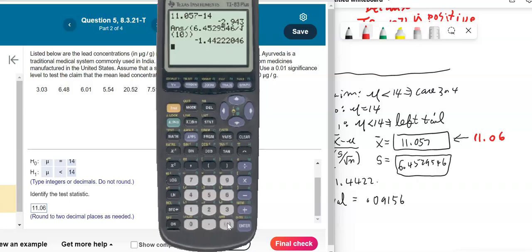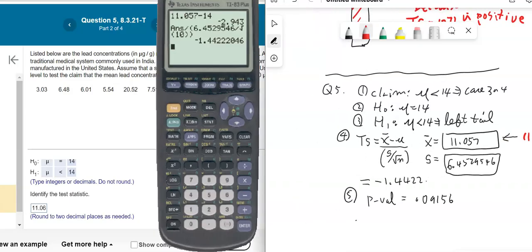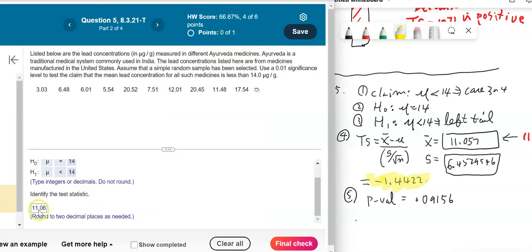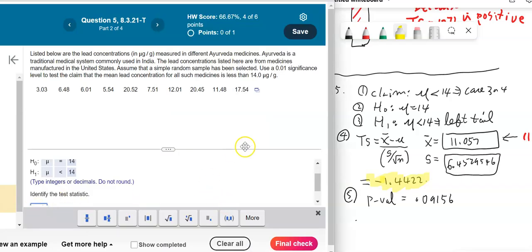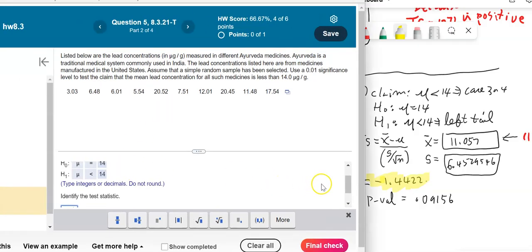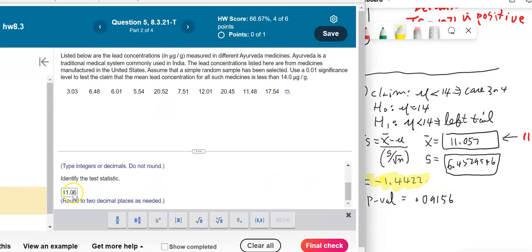Wait a minute. Oh my God. No. The test statistic is not, I'm going crazy right now. The test statistic is negative 1. I wrote it here. Why did I put that stupid number there? It should be negative 1.44.